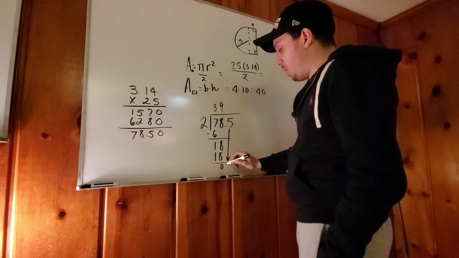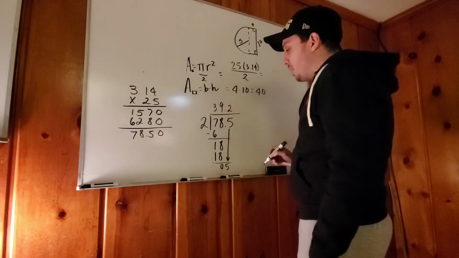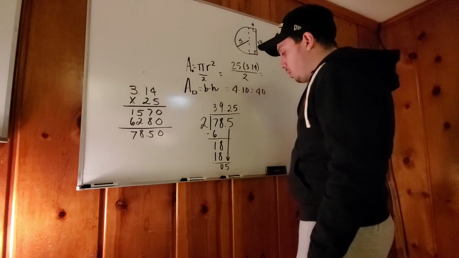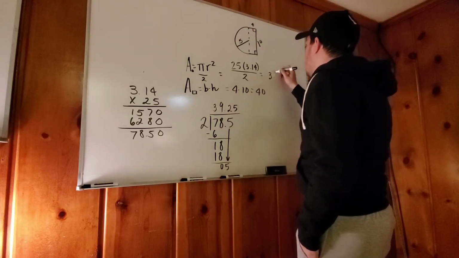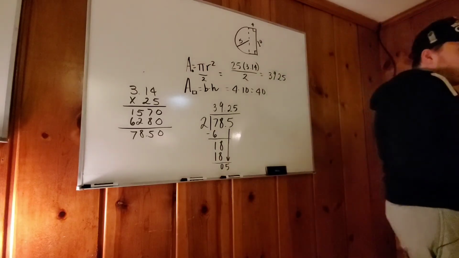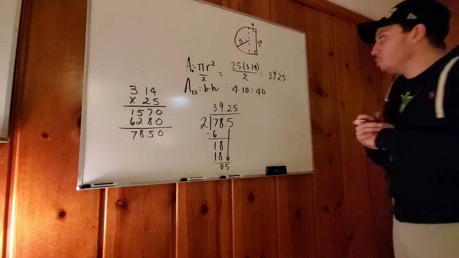Whoops, I ran out of space right here. Into 5, it goes 1 time. It's going to be 39.25. I'm going to check really quickly with the book. Oh, what do you know? I was right in that one.